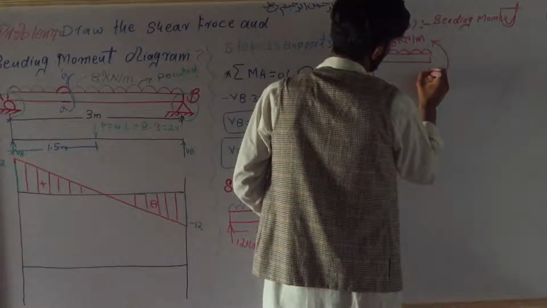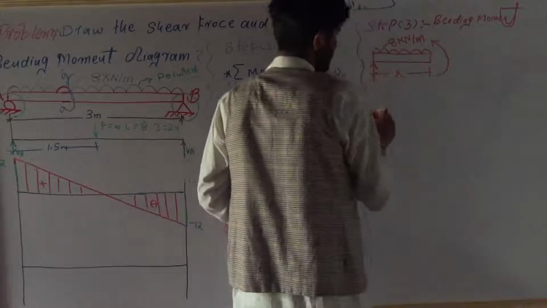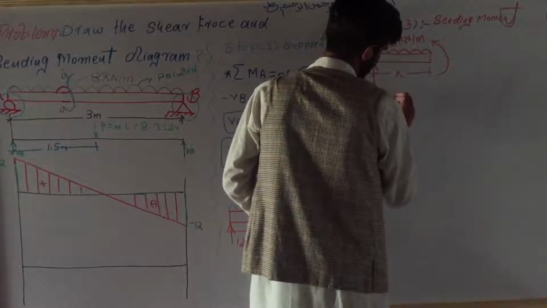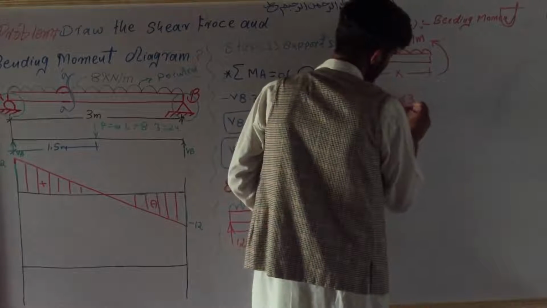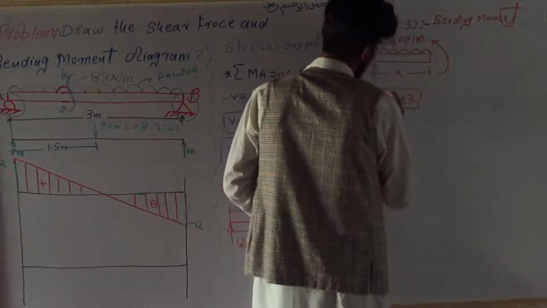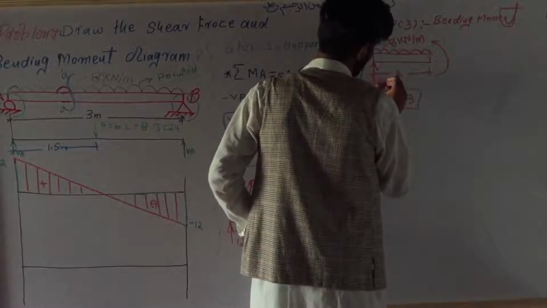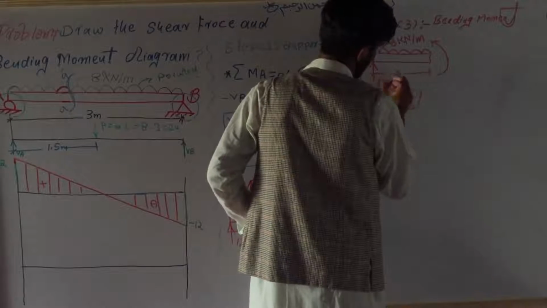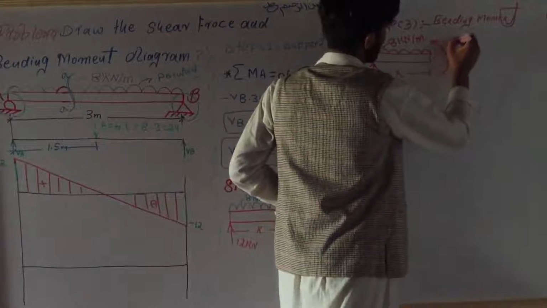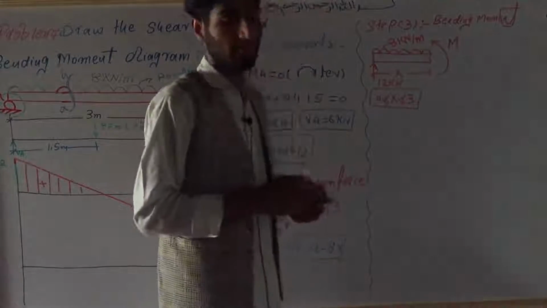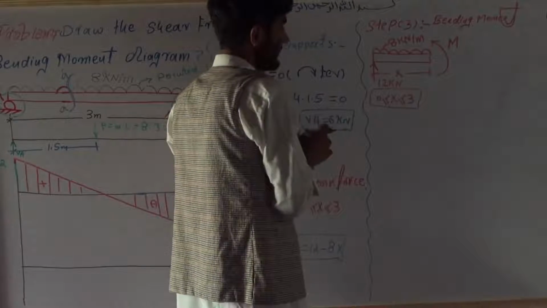Also here we have this x, and x is a part of this interval from 0 to 3. Okay dear friends, and this reaction is 12 kilonewton. So let's find the bending moment and draw the diagram. It's easy, and we will find it.